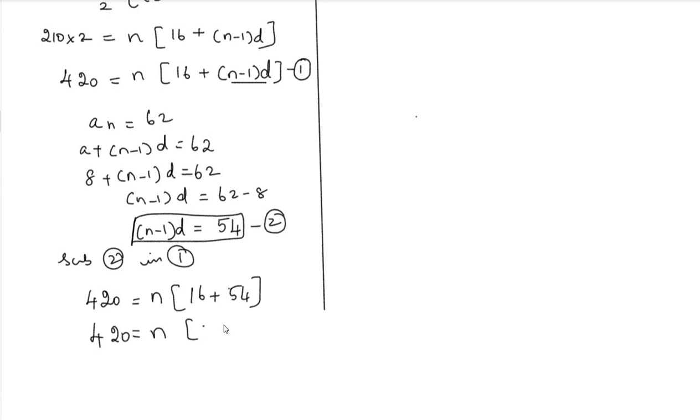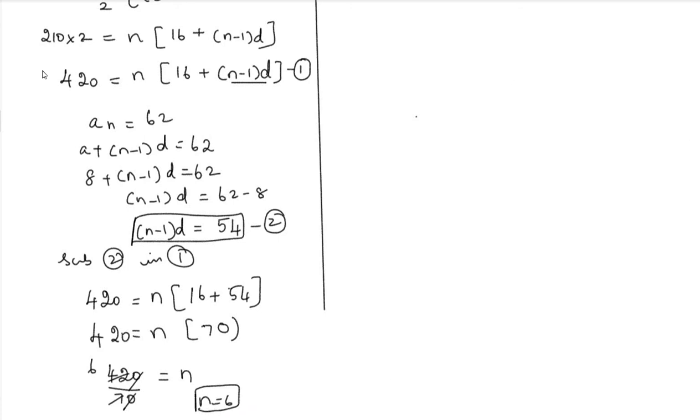Yes, 70. Okay, so 420 by 70 is equal to n. Cancel. When I cancel, I am getting 6. So n is equal to 6.